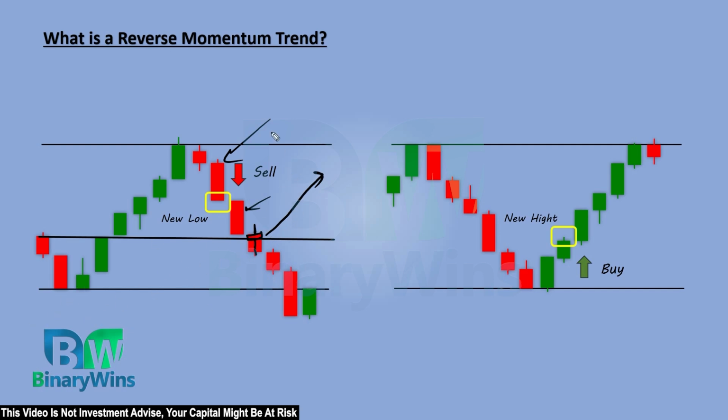Usually, you have seen this situation many times in healthy upward and downward trends. But you have to remember one thing, and that is, reverse momentum trends are not always seen so beautifully and so simply.